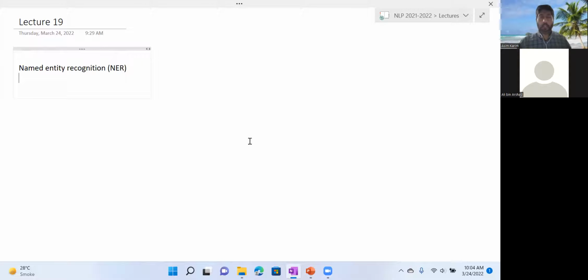So named entity recognition is a specific form of information extraction. Information extraction is a general category of task in which, as the name suggests, the idea is to extract the relevant pieces of information from large amounts of data. And in the context of NLP, information extraction could be anything relevant from text.